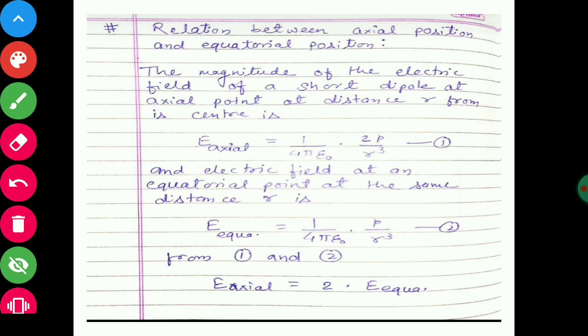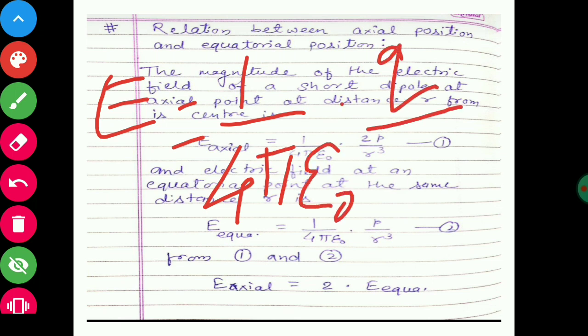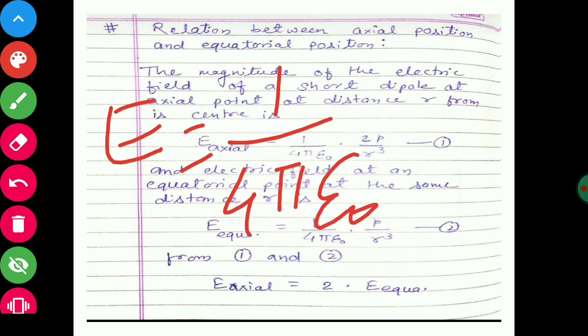Now see, at axial position, E is equal to 1 by 4 pi epsilon naught 2p by r cube.